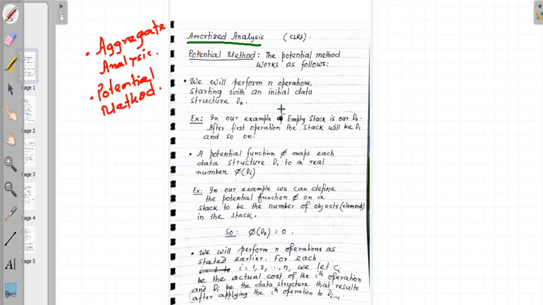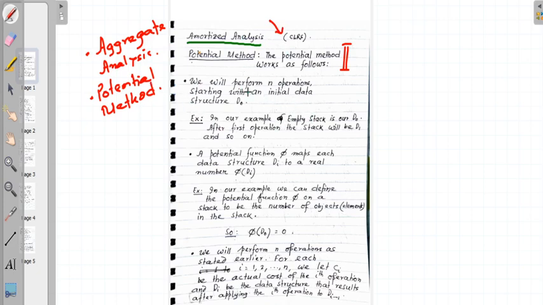So the potential method works as follows. As usual, for amortized analysis, the very best reference is the book CLRS.